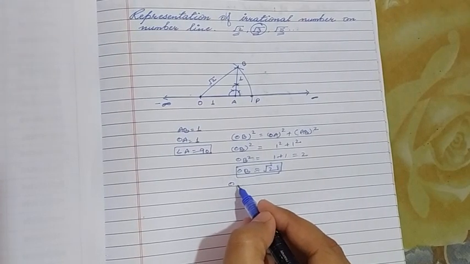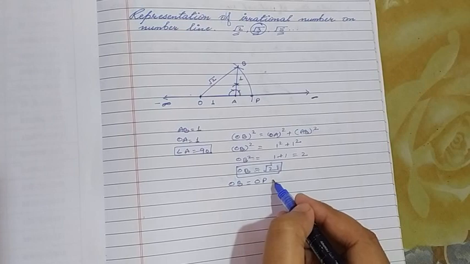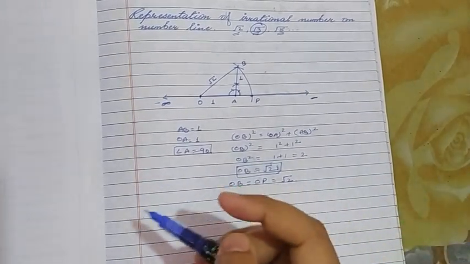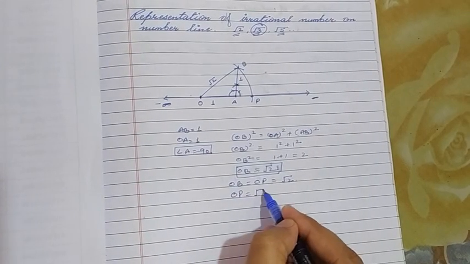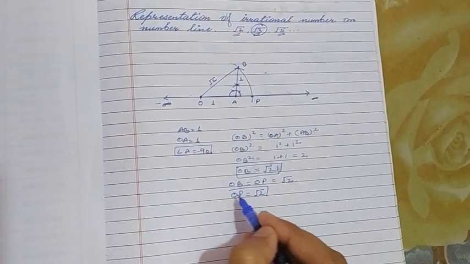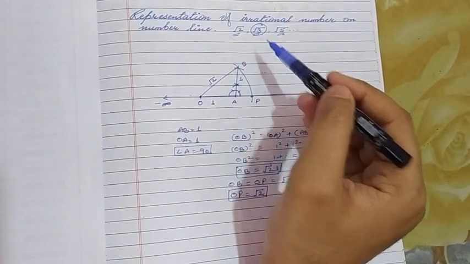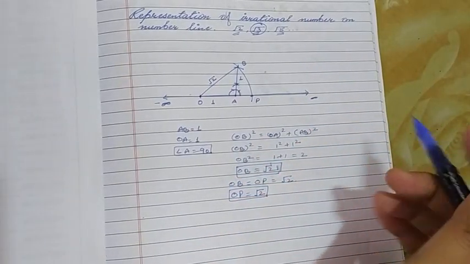So OB is equal to OP is equal to √2. तो अगर हम बात करें OP की, तो OP की वैल्यू हो गई √2. But here we started to represent √3. So one more step we have to apply here.